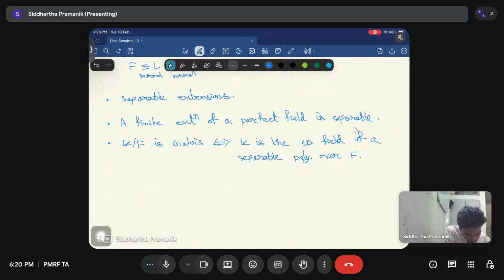Now let's solve some problems based on these topics.